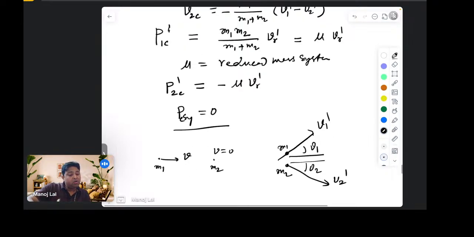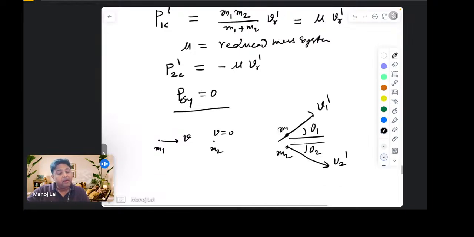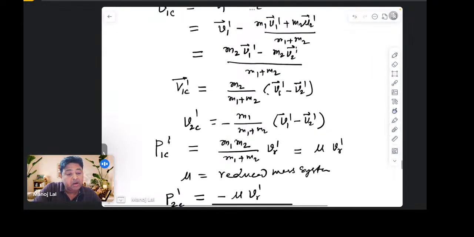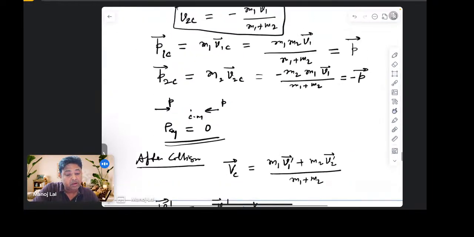So what we see basically is that P1 with respect to the center of mass frame is mu times V relative. What did we get here?